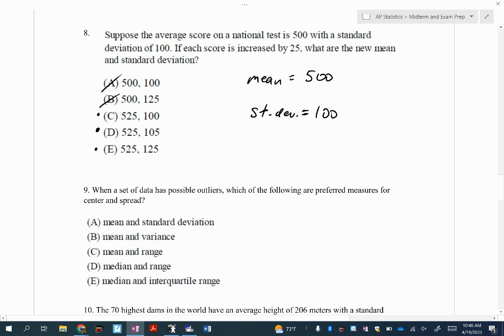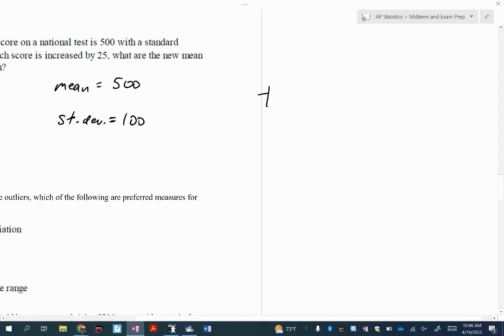Okay? But the measure of spread, if we take it, I always just think of it like this. If I draw, just imagine this is the box and whisker plot. You don't need to draw this. I'm just showing you this. So that's it. And I just move it to the right. And I know I'm sure it's not the same, but I try to just move that to the right.